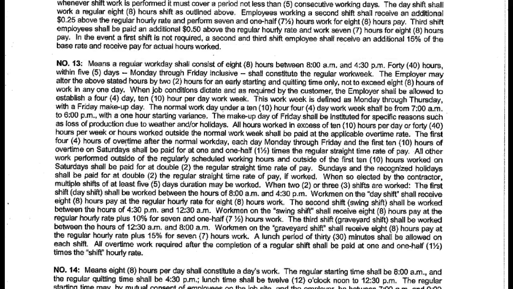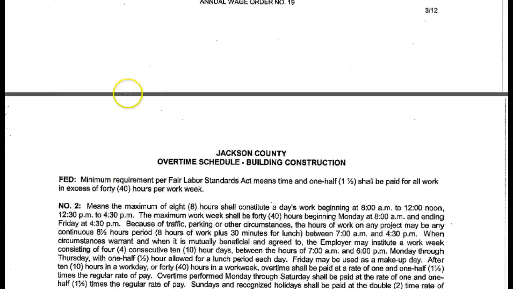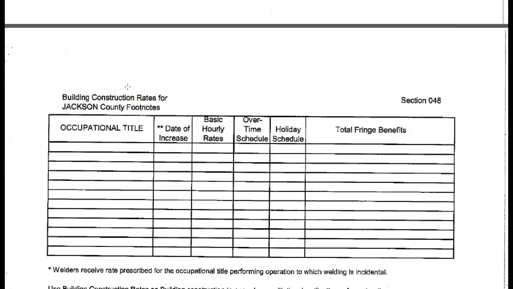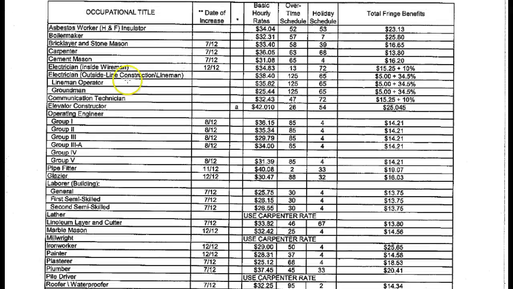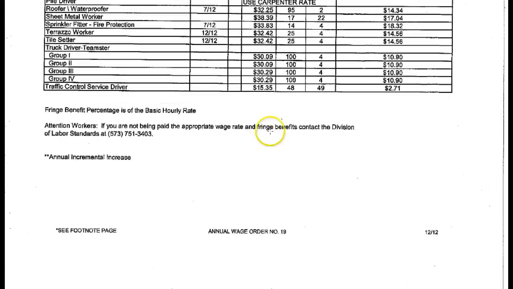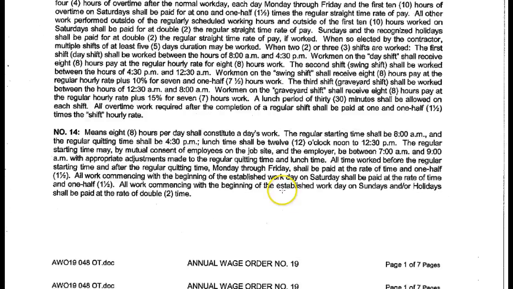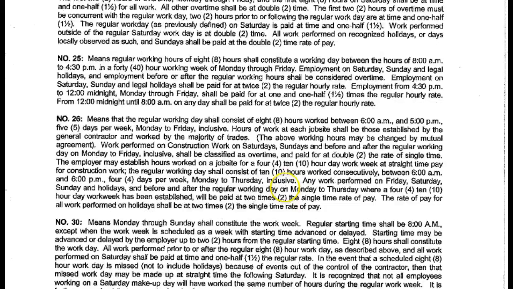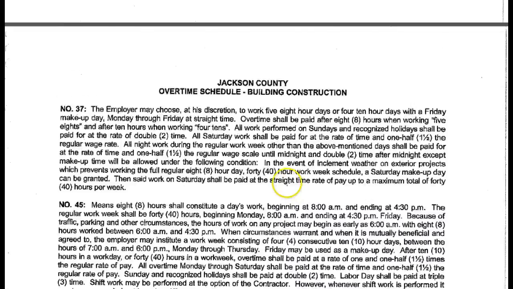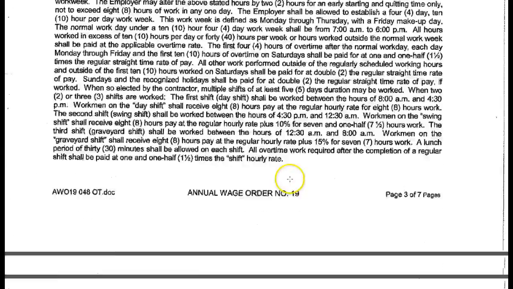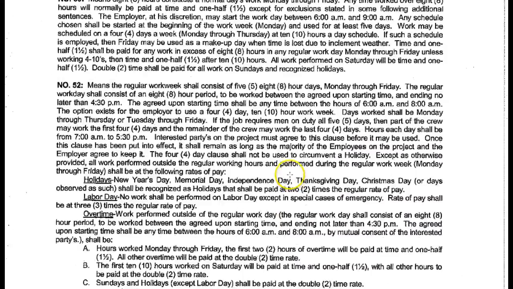So for each of those different, if we go back up again and look at, for example, the cement finish, a cement mason, they used overtime schedule 65. So if we go down through this list of different schedules, and you see there are a whole bunch of different schedules, we'll go down to 65, and we can see what overtime means for our cement masons.